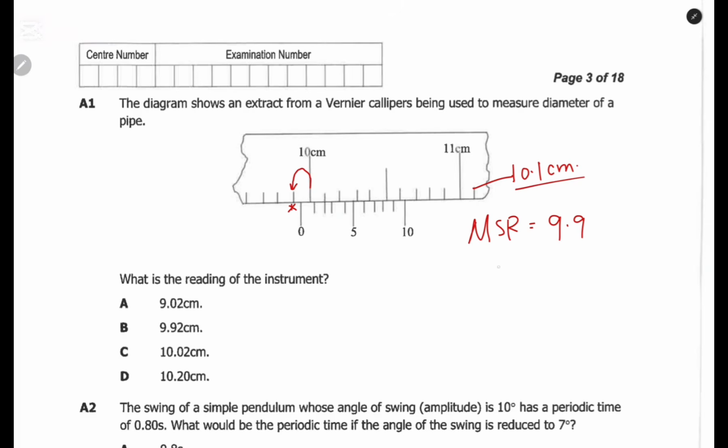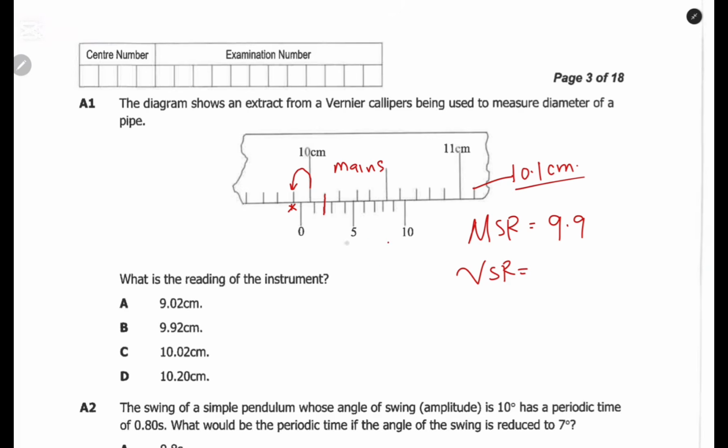So 9.9. Then how do we find the Vernier scale reading? For the Vernier scale, you look at where the main scale and the Vernier scale coincide. This is the line that is continuous from the main scale to the Vernier scale, so that is where you pick the reading.